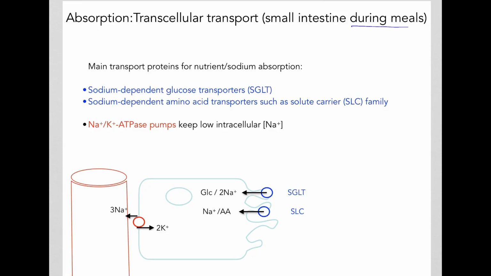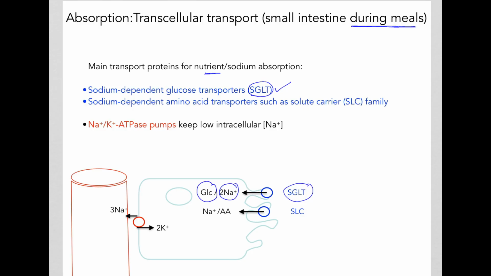During a meal, there are two very important proteins that take sodium in together with nutrients. One is the SGLT that takes in not only sodium but also glucose. So this is the sodium-dependent glucose transporter, or the sodium glucose linked transporter, SGLT.